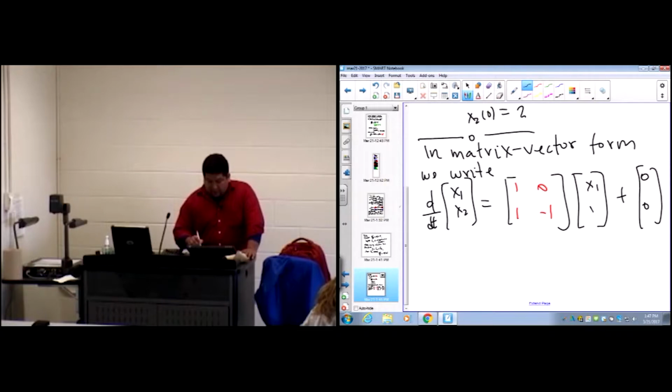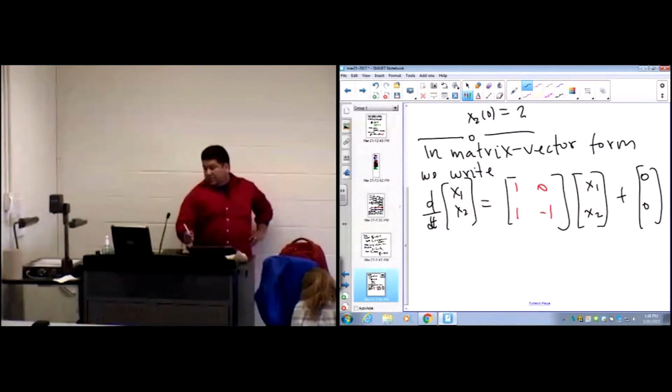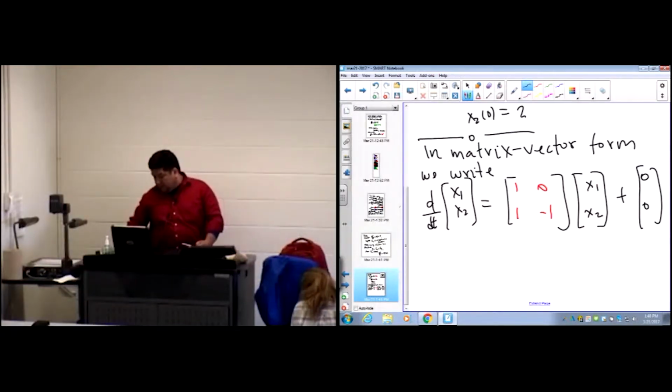So the eigenvalues are, off the top of your head, by inspection: this matrix is triangular.